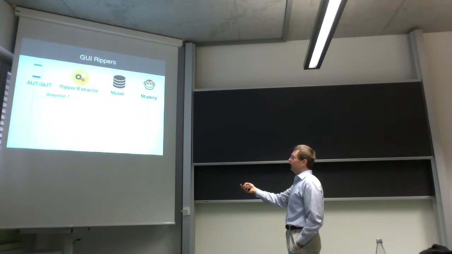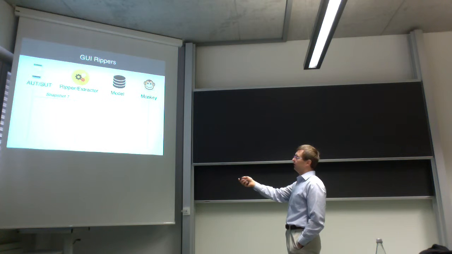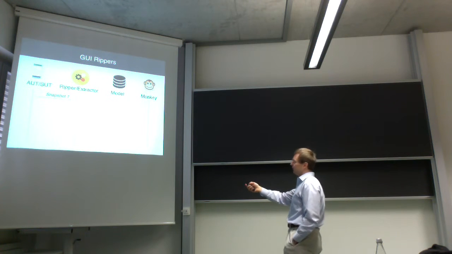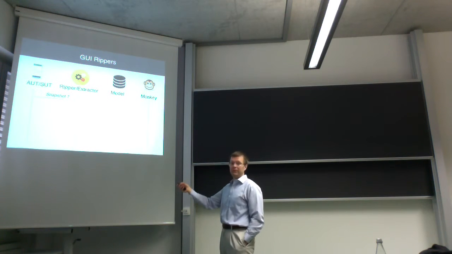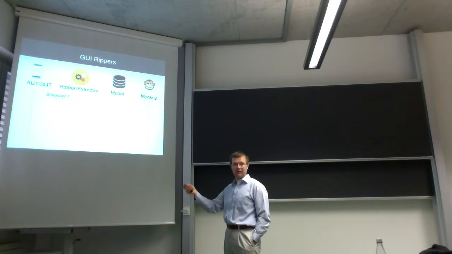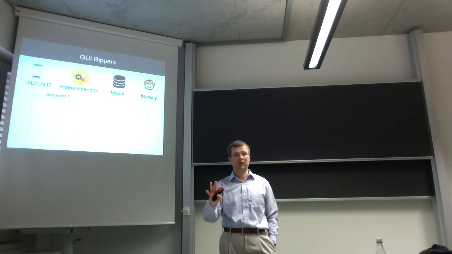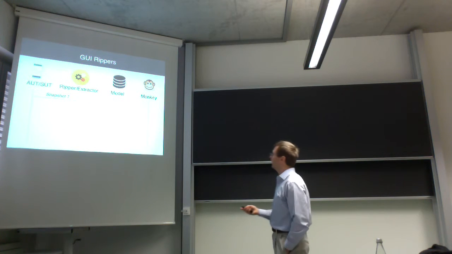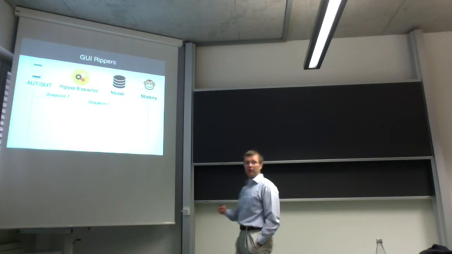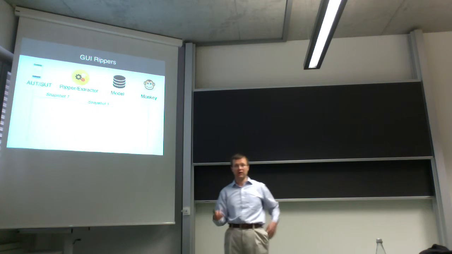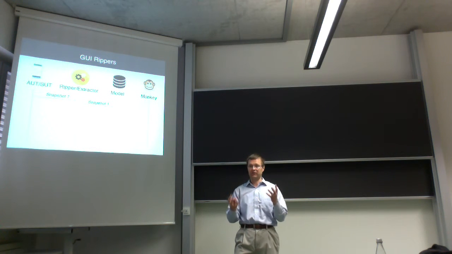But first, this shows the idea of how we do that. This is our application, and we take a snapshot of this application. When I say snapshot, it doesn't mean I take a screenshot. I can take some internal snapshot of what is going on inside my application, and then use that information to build the model, because at every step I can see what is different in my snapshot.